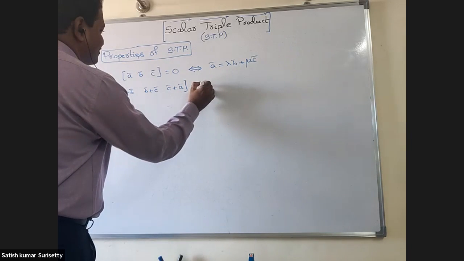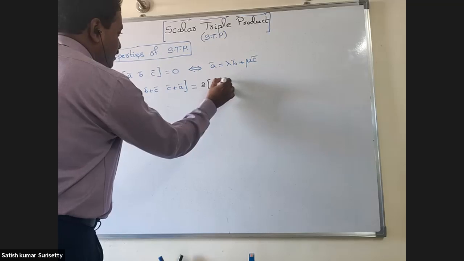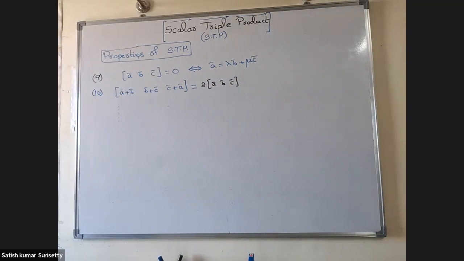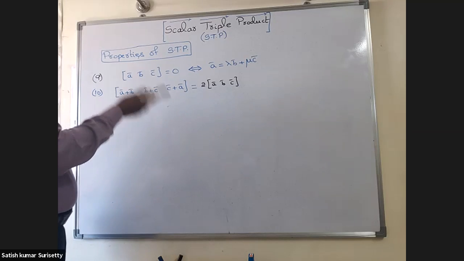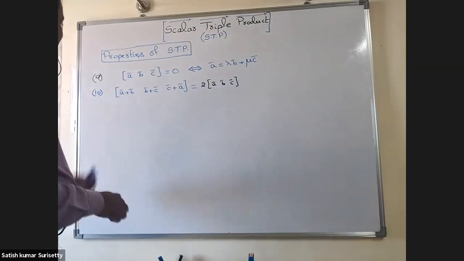It is 2 times the scalar triple product of A bar, B bar, C bar. Yes. This can be proved easily using determinants, but instead of proving this using determinants, let us prove using the vectors only.